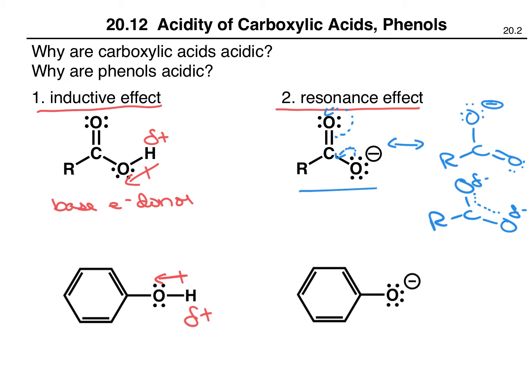to form a nice stable conjugate base. And if we look at phenol, phenol has a lot of resonance because we can imagine these electrons move here, pushing these electrons here, which gives us this resonance structure. We can imagine these electrons move here, and these move onto this carbon, giving us this.